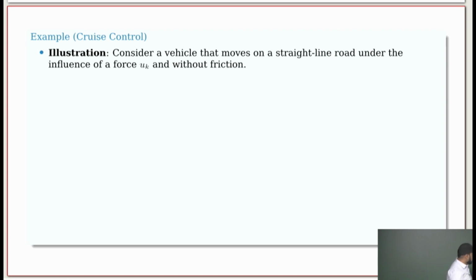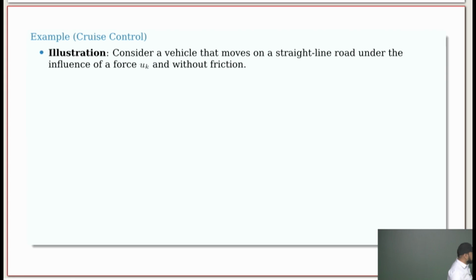Okay, and then under the influence of the force uk. The force here refers to the gas that you're going to apply, or the accelerator that you want to apply to maintain a constant speed. So this is what we call force, but this force will be proportional to the speed that you will obtain while applying the force.